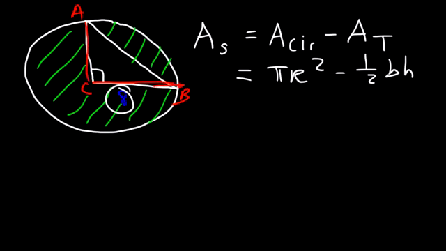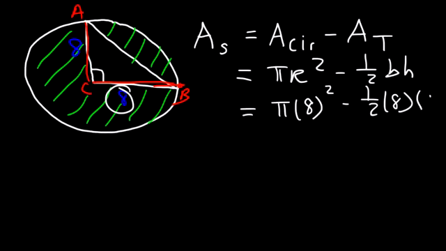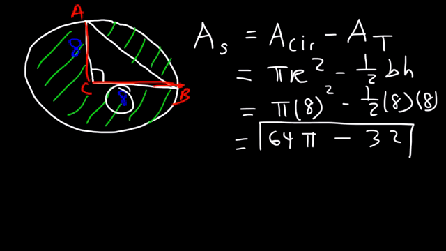So AC is also the radius of the circle, which means this section is 8. And that's the base and the height of the triangle. So the radius, which is 8, is the same as the base of the triangle, and it's the same as the height of the triangle. So this is going to be 64 pi minus 8 times 8 is 64, and half of 64 is 32. So the area of the shaded region is 64 pi minus 32.